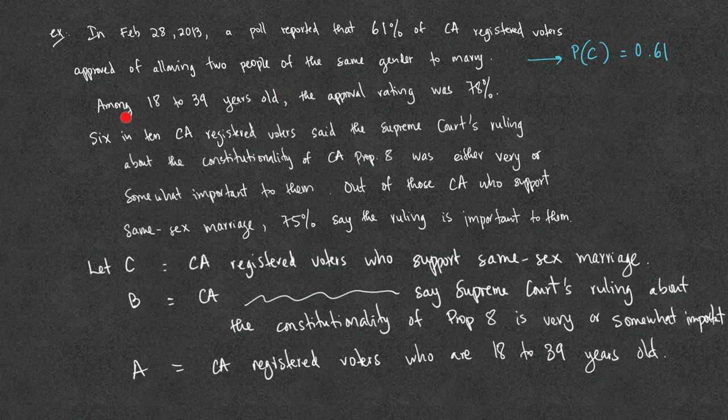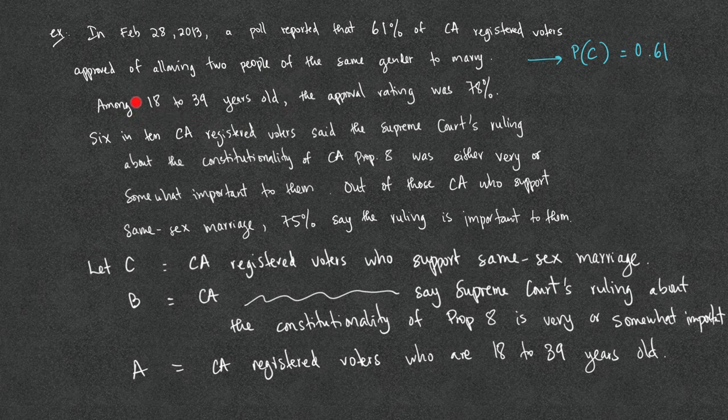Among 18 to 39 years old, the approval rating was 78%. It is tempting to say that this is the probability of A equal to 0.78, but it is not. There are two events here.